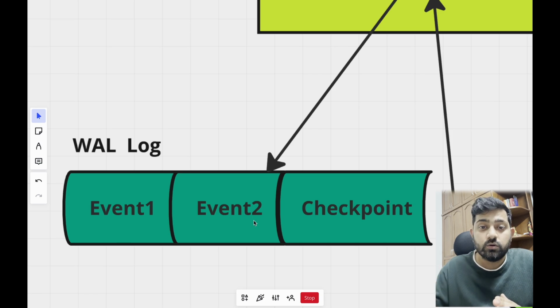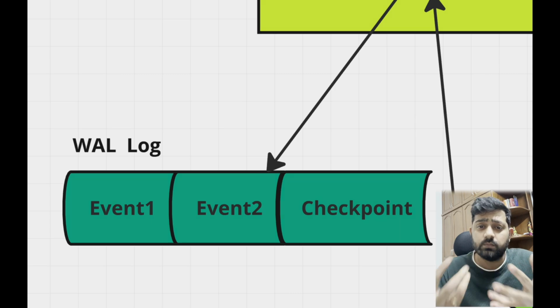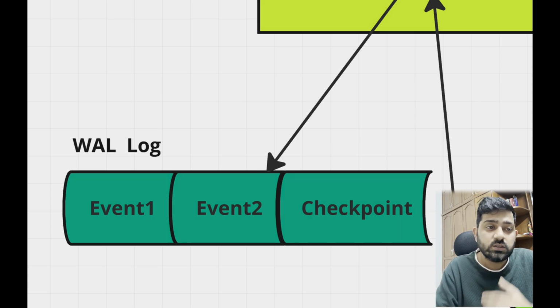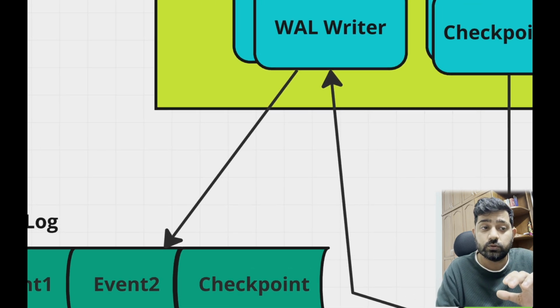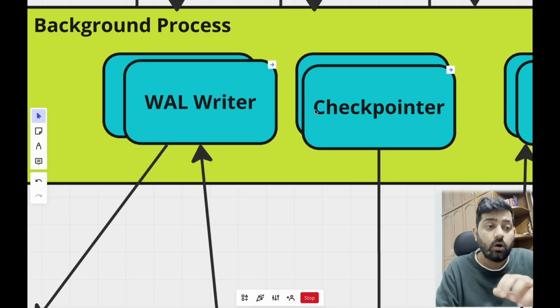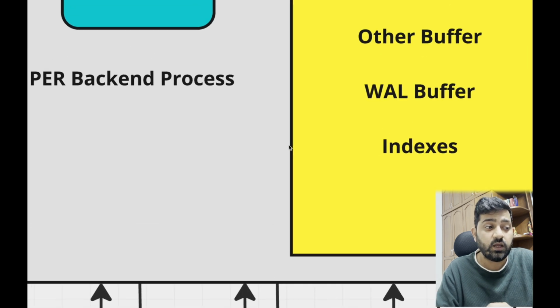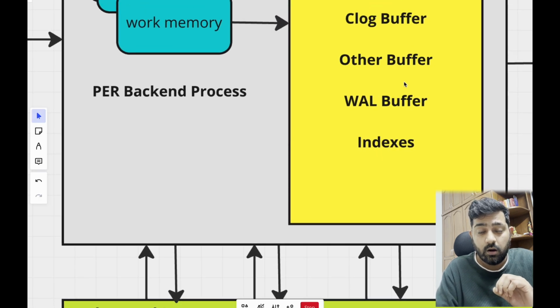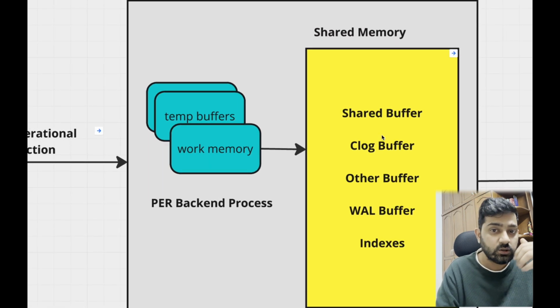We repeat all those events so that the database comes into the same state. So this is the usefulness of the checkpointer process. These are background processes running inside the Postgres engine and making use of the shared memory to perform various such operations on the database.